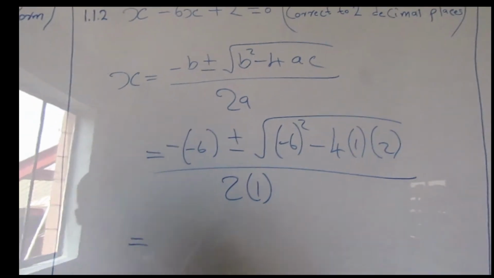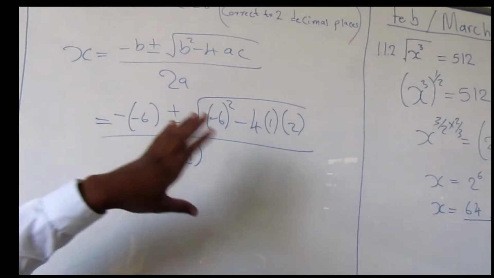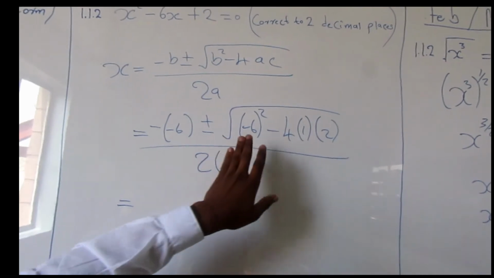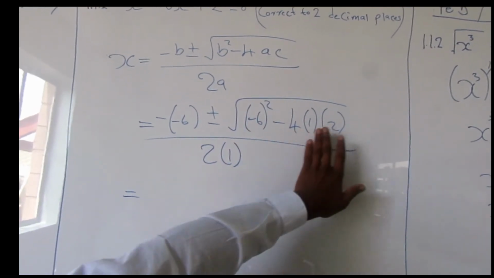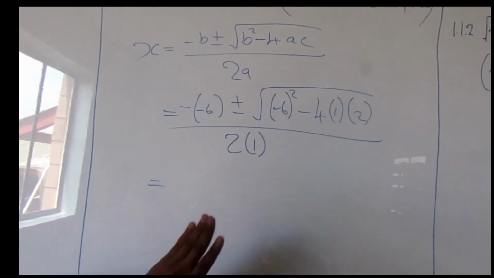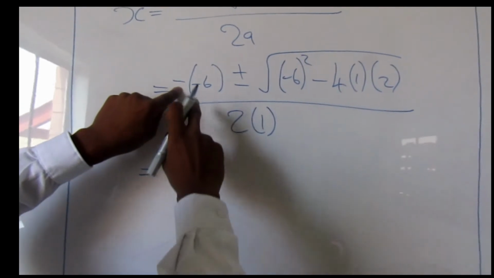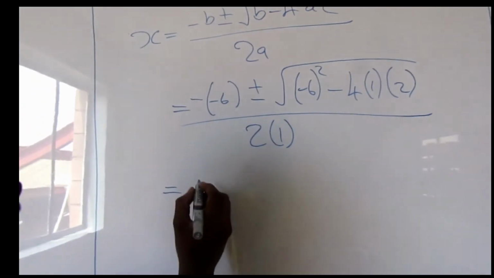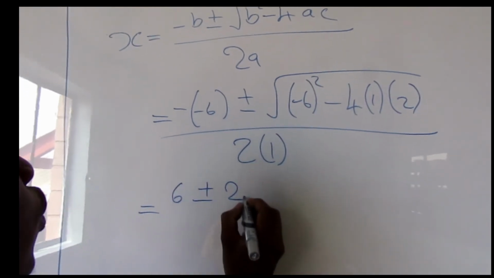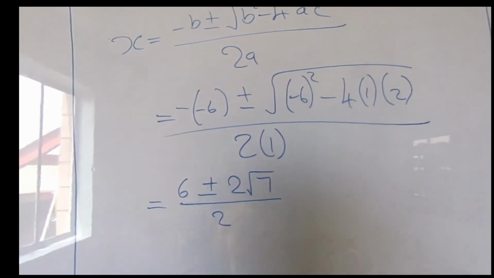Then our second step, when you arrive here, we simplify this. 6 squared is 36. 4 times 2 is 8. 36 minus 8 is 28, which is 2 root 7, and negative times negative gives us 6 plus or minus 2 root 7 divided by 2.